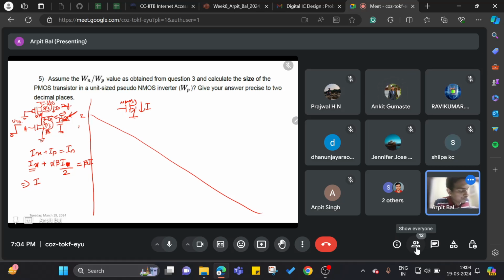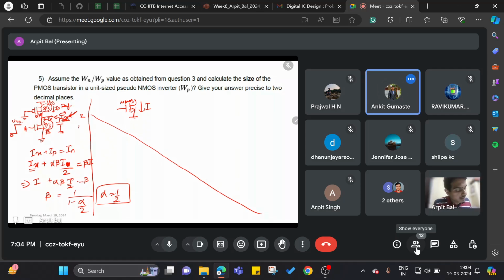And after that we proceeded with the calculation, is equal to beta, and beta turned out to be 1 minus alpha by 2. And this exact value of 2 by 3 and 4 by 3 appears only if alpha is equal to 1 by 2. But in this thing, the assumption that we already took is that my Ix is equal to I.